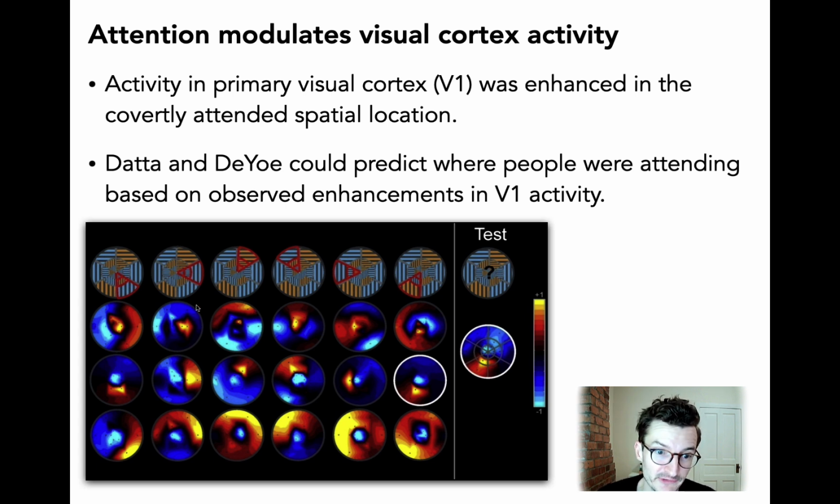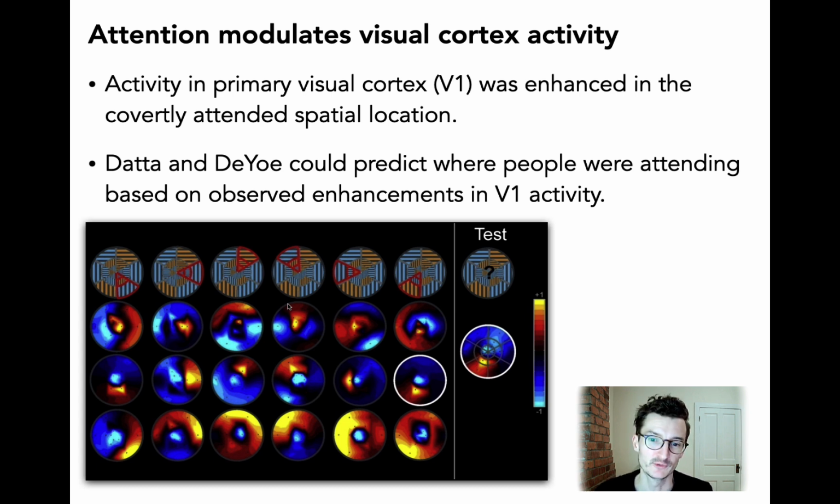And so what we see is that when they're attending to the southeast quadrant of this visual stimulus, we see increased activity in the southeast quadrant of primary visual cortex. When they're attending to the northwest quadrant of that visual disk, sure enough, we see an increase in activity that's reflected by the yellow coloring in the northwest quadrant of primary visual cortex.